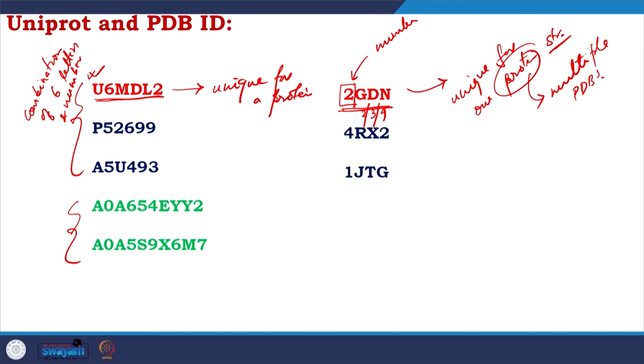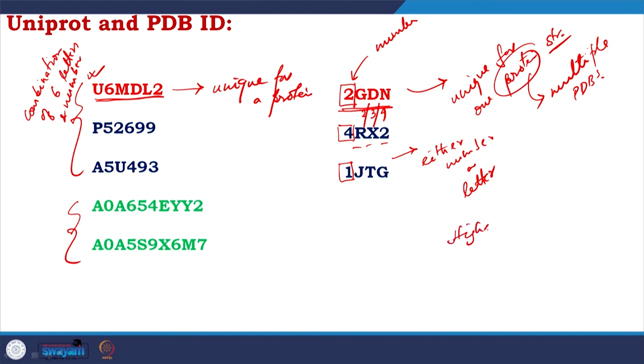So, these are other examples. You see, the first position is always a number, second, third, fourth position is either number or letter. Interestingly, this number has one indication.